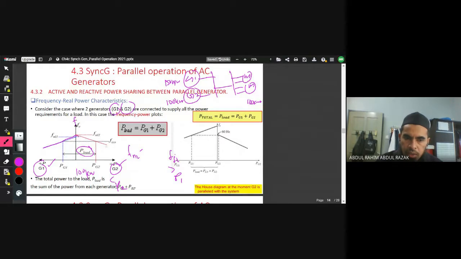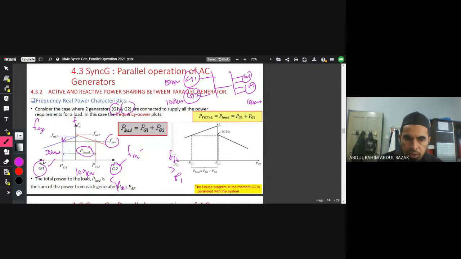This means that when we put them together at the same frequency, our setting now is the frequency. The frequency should be the system frequency, so this is our system frequency. At this system frequency, it might be that G1 is able to supply only 30 kilowatt.